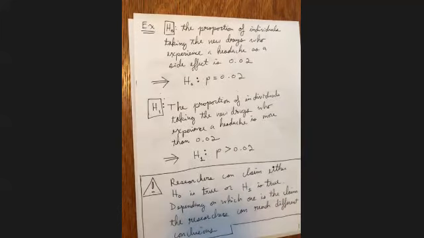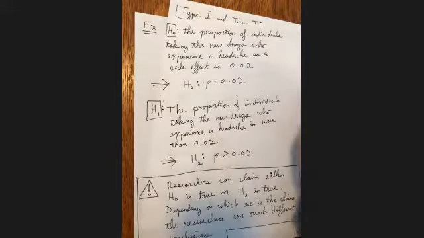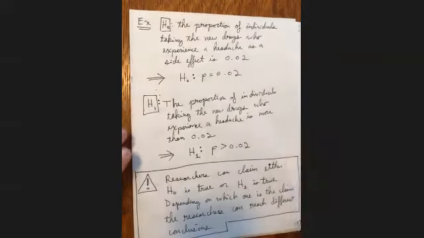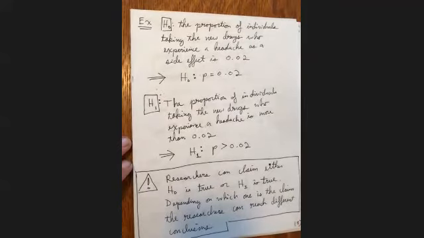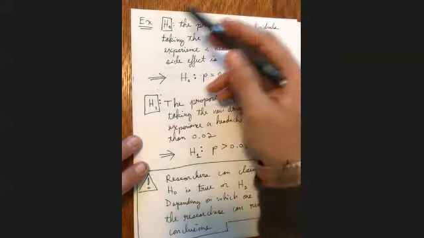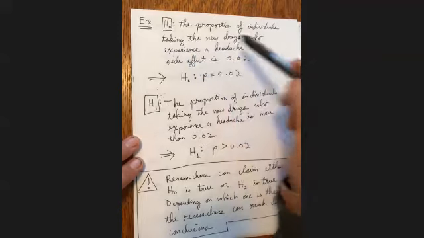So in this example, I'm going to show you two things that you might read within a problem. And depending on what you read, you're going to be told explicitly either who the alternative hypothesis is or who the null hypothesis is.